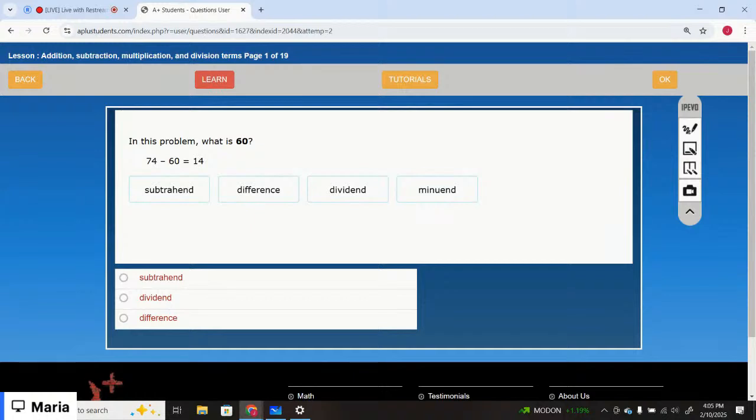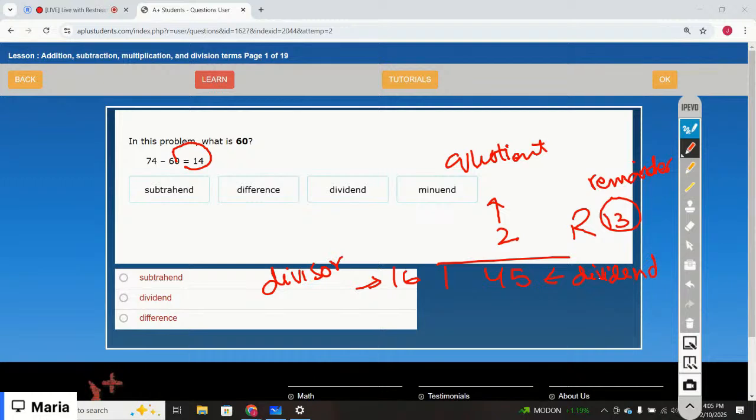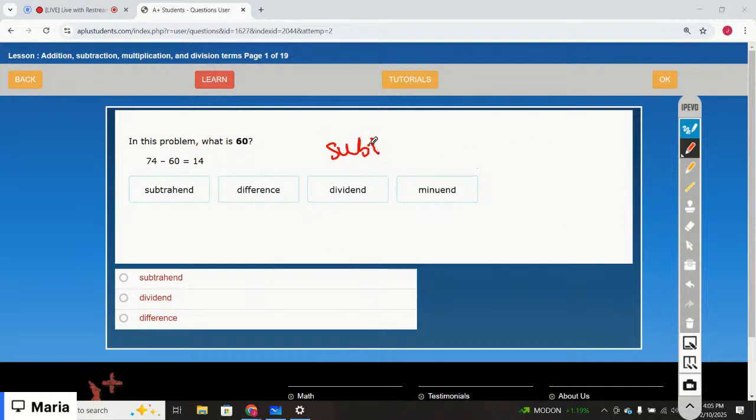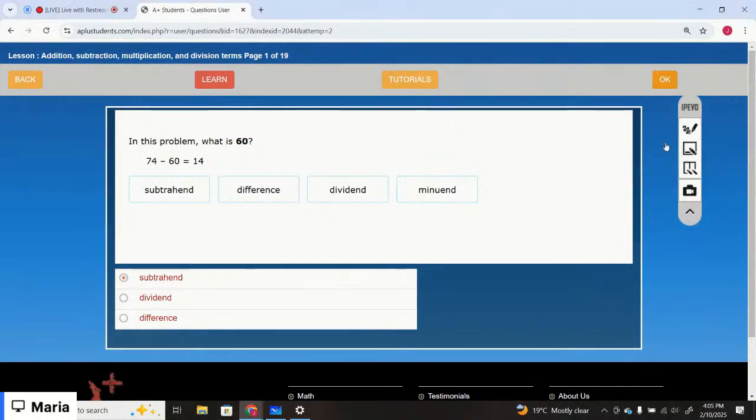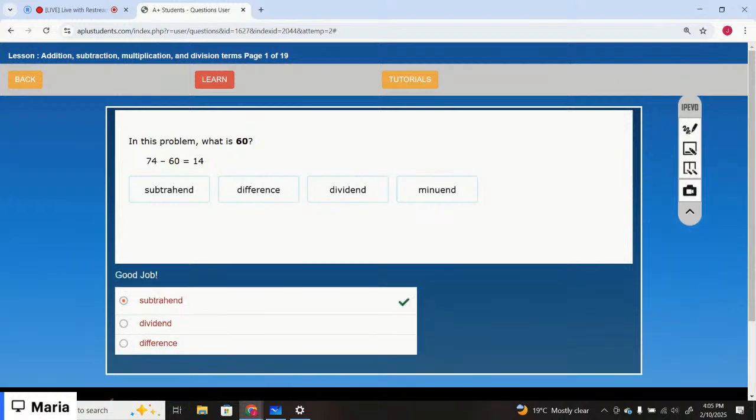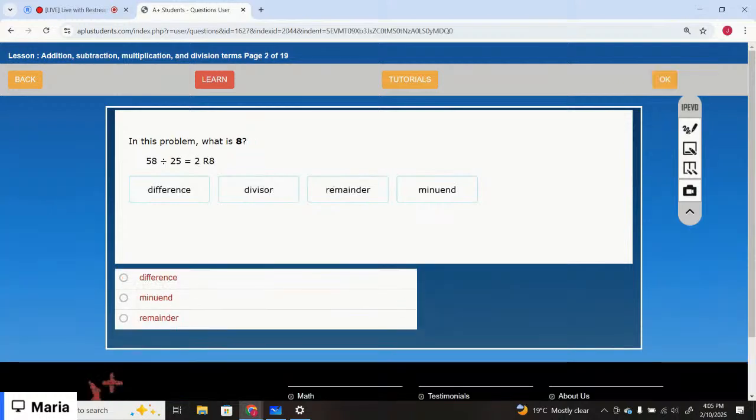So 76 is the minuend, the greater number is the minuend, the smaller number is the subtrahend, and 14 is the difference of the minuend and the subtrahend. So 60 is the... I think minuend, let me check. Oh, that is subtrahend, sorry. The greater number is minuend.